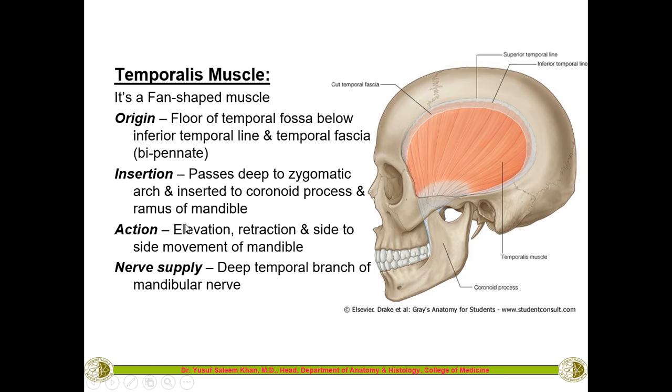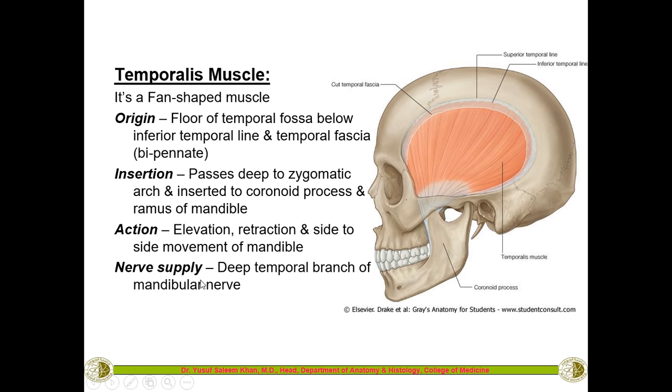It helps mainly in the elevation of the mandible, as well as in the retraction of the mandible, that is pulling the mandible behind, as well as side to side movement. When the paired temporalis muscles on either side contract, it leads to side movement. This is the function of the temporalis muscle, and the nerve supply is by the deep temporal branch of the mandibular nerve.